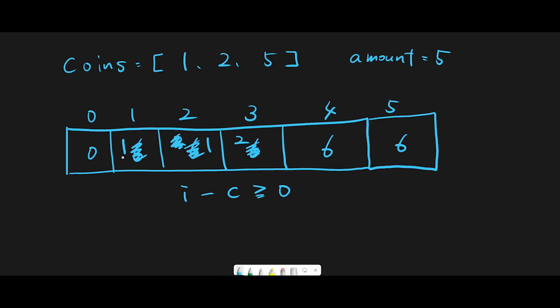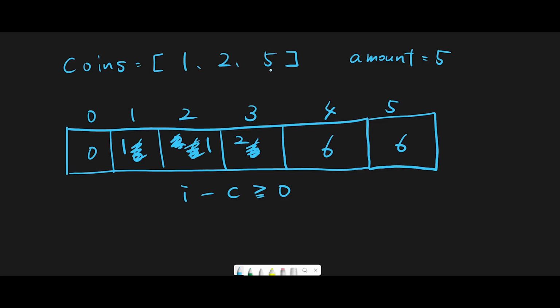So that's 1 plus 1, with 1 coin 2 this time. So total 2, right? We need coin 1 for amount 1 and add coin 2 this time. The current minimum coins to make up 3 is 2. So 2 versus 2, they are the same, so we don't update, still 2.